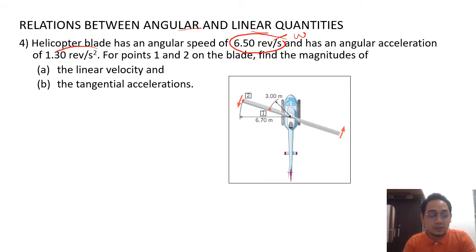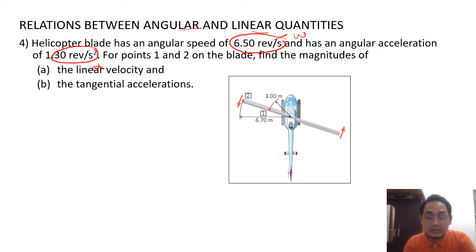You have been given the value of alpha. So for point 1 and 2 on the blade, find the magnitude of the linear velocity and the tangential acceleration. So the question wants us to find the linear velocity and tangential acceleration for point 1 and point 2. So let's look at the picture here.